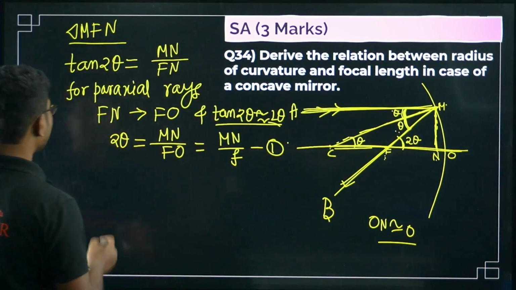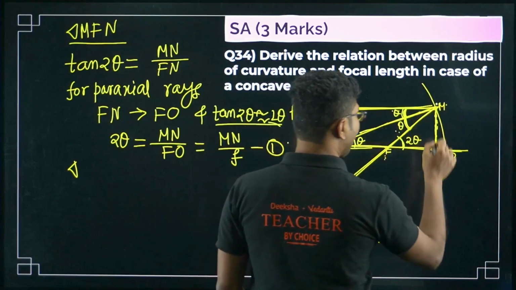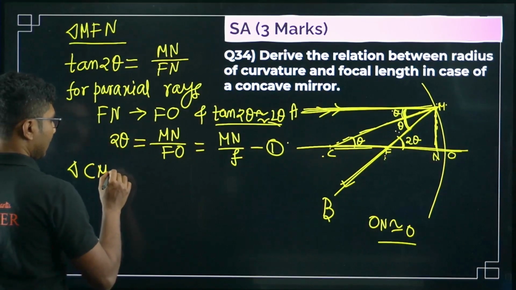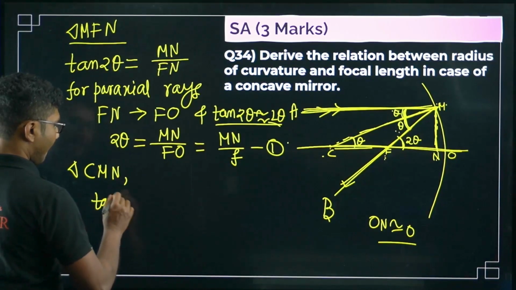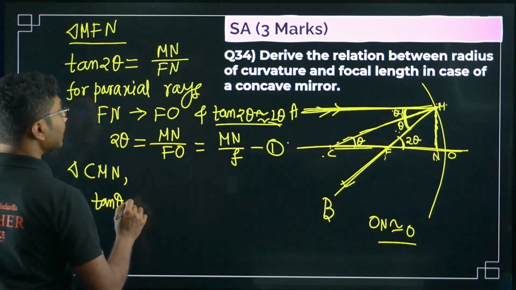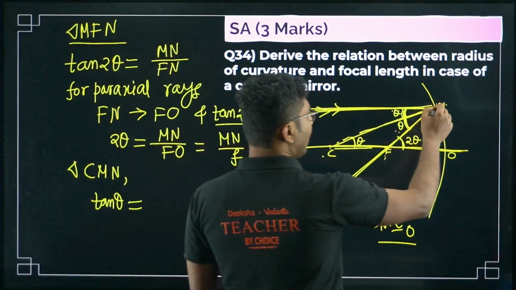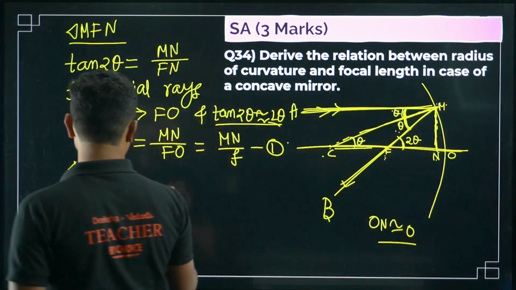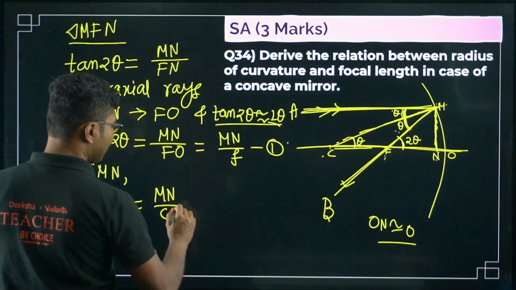Now from the triangle CMN, tan theta is what? Perpendicular by base, that is MN by CN. Don't make any mistake with the diagrams.